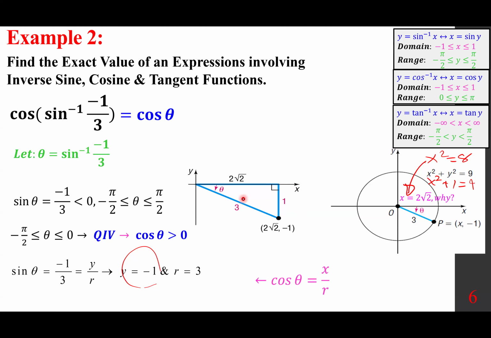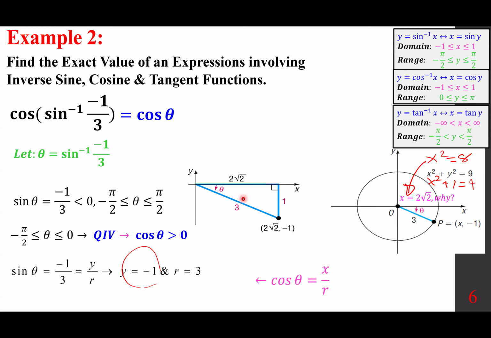And by the same token, y becomes 2 square root of 2 because x squared plus y squared equals r squared.